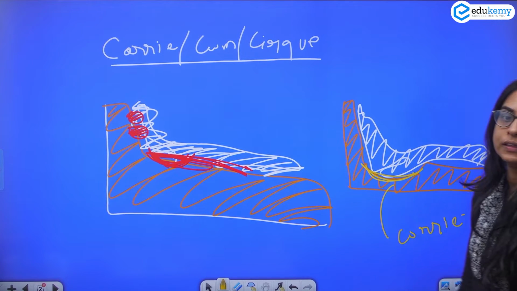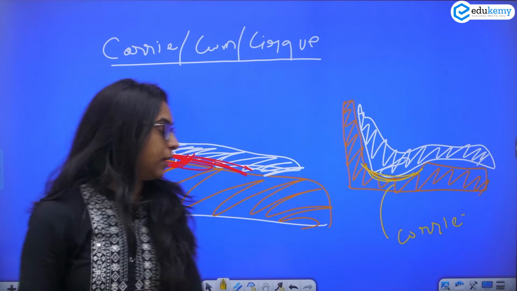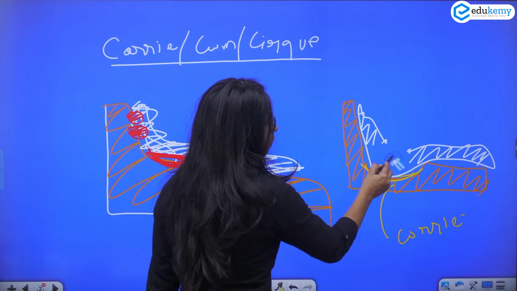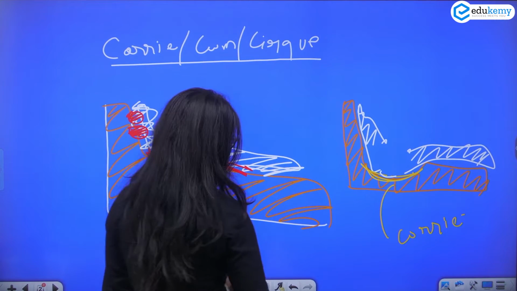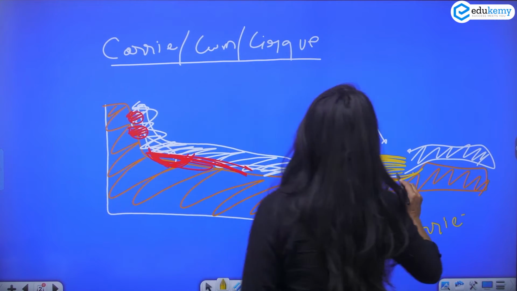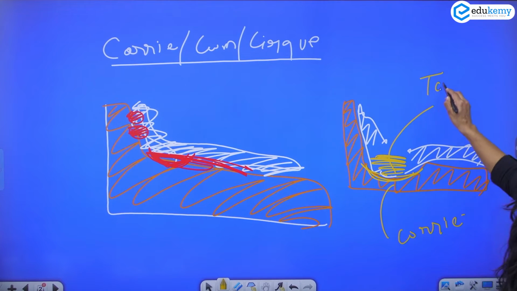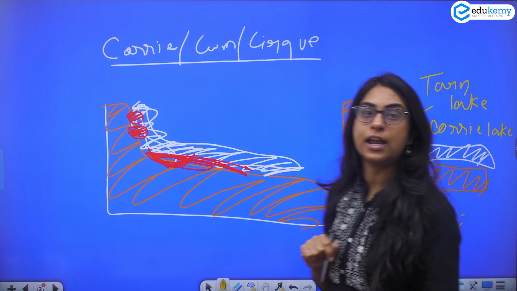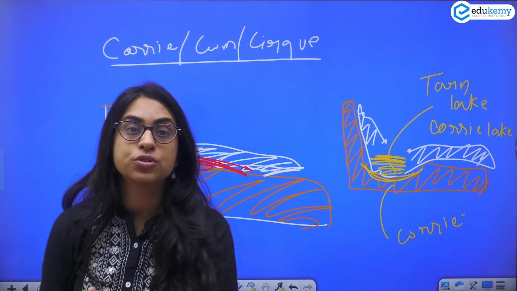Over the time the ice will melt, and there will be water which will be filled here. The water which will be filled here will be called as Tarn Lake, or it can be called as Cori Lake.